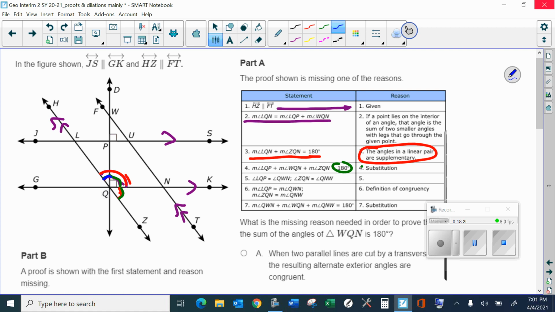It says LQP equals QWN. Oh, right here, QWN, this one right here. Yes.